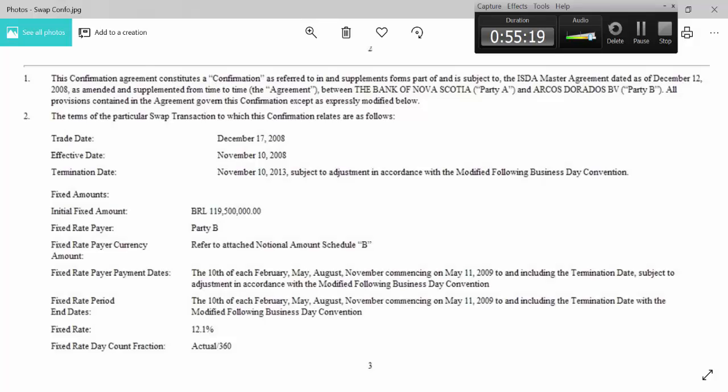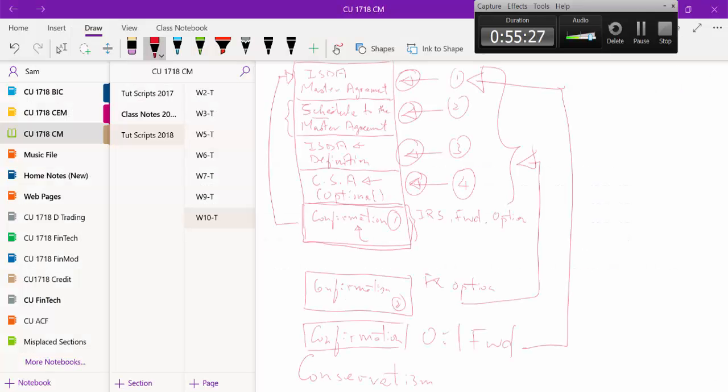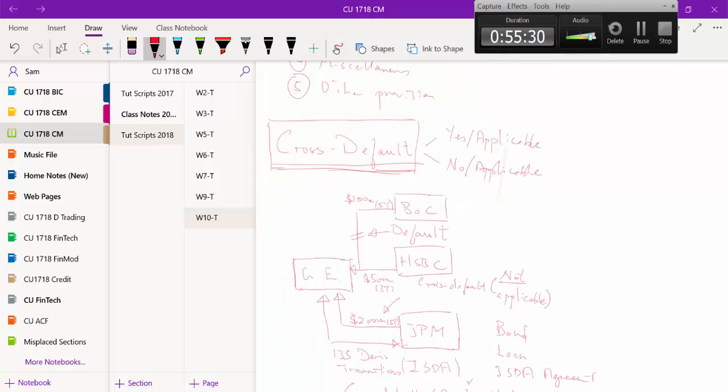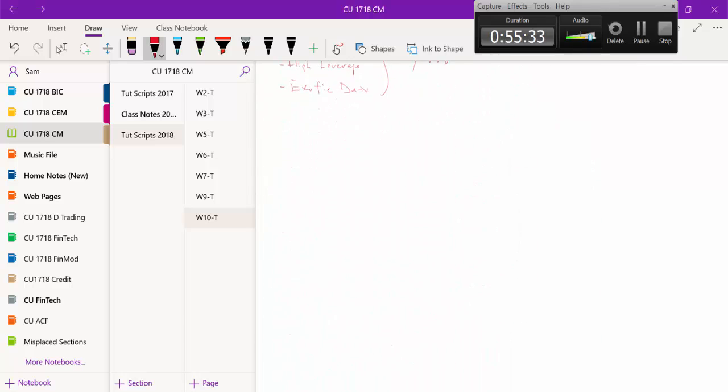In fact, the reason I say it's a good question is that if you were to look deeper into this, and I never mentioned this in the other classes, if you are JP Morgan, the way you negotiate an ISDA with someone like GE Capital is quite different from how you would negotiate an ISDA contract with, let's say, BlackRock.